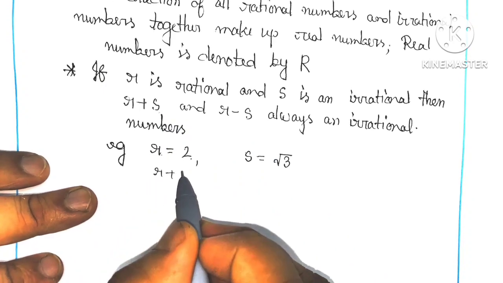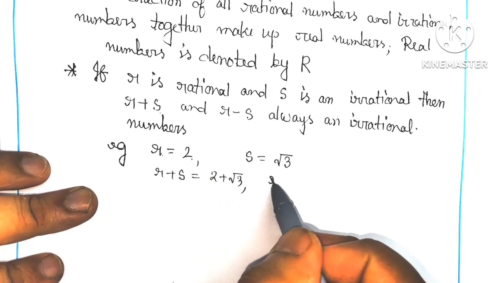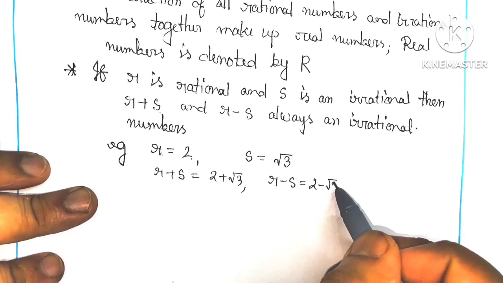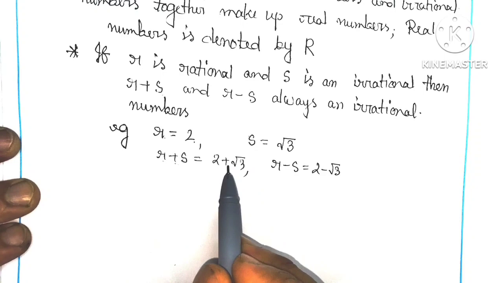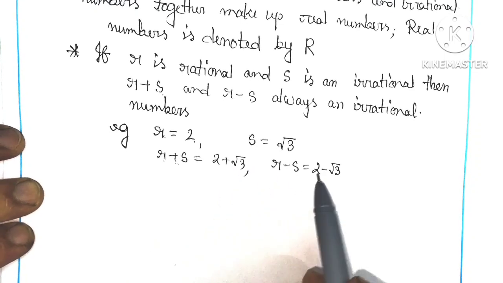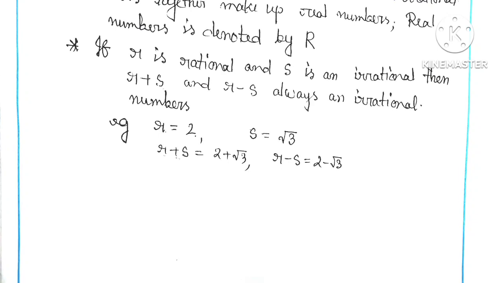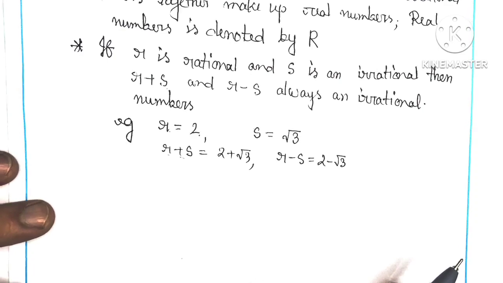So R plus S equals 2 plus root 3, and R minus S equals 2 minus root 3. So the sum of a rational and an irrational is an irrational number, and the difference is also irrational. But the sum of two irrational numbers is sometimes rational and sometimes irrational.